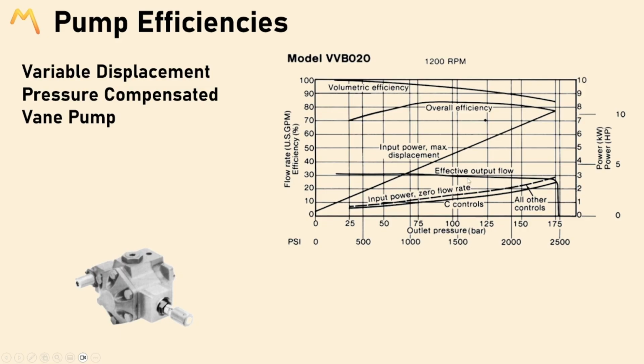And on our y-axis, we're looking at output flow, which means we're coming over here and looking at the flow rate in US gallons per minute, ranging from 0 gallons per minute up to 100 gallons per minute. We notice that the flow rate actually doesn't change much, right? At about 25 bar here, I'll just choose to work with bar, our output flow rate is roughly 30 US gallons per minute.